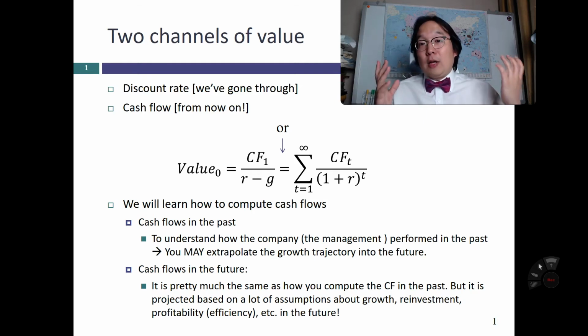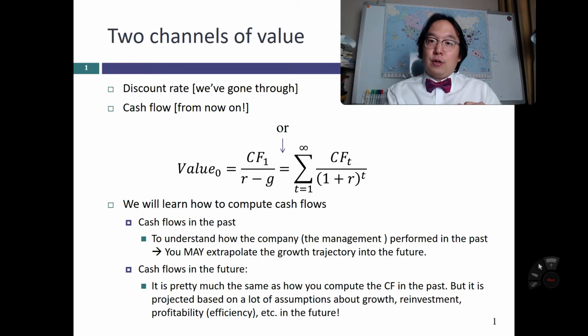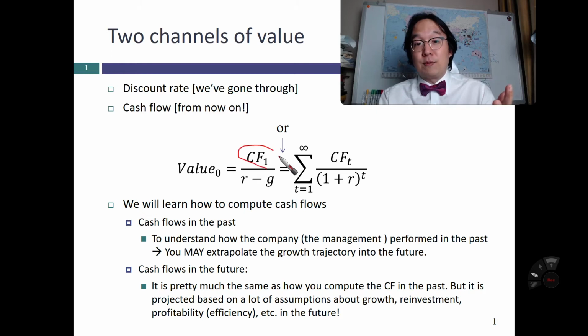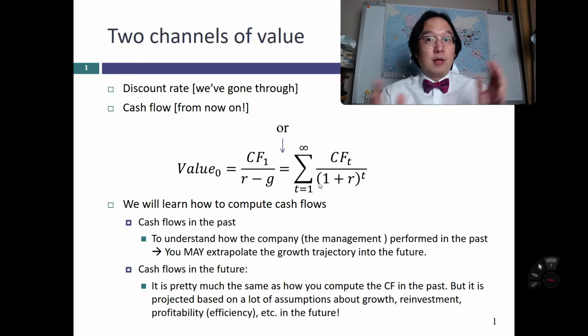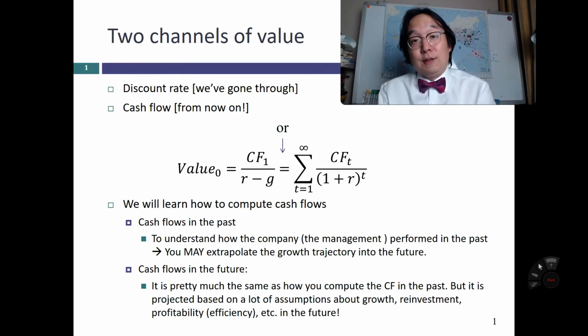So, understanding and analyzing cash flow by looking at the past is one thing, and how it will happen in the future is another, right? Because we are valuing, you are using the expected future cash flows. This part needs a lot of assumptions and information that you don't have. Sometimes you'll have to be flexible and use your imagination, but you have to be internally consistent.